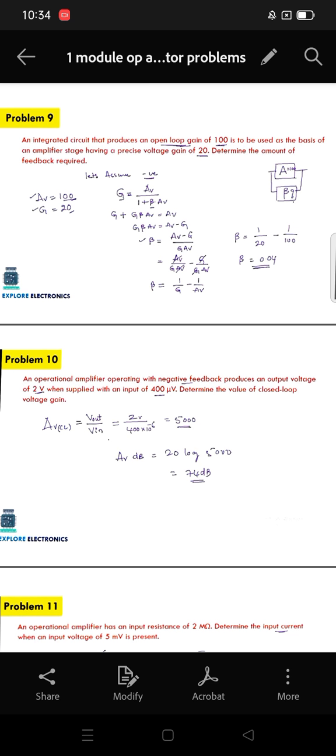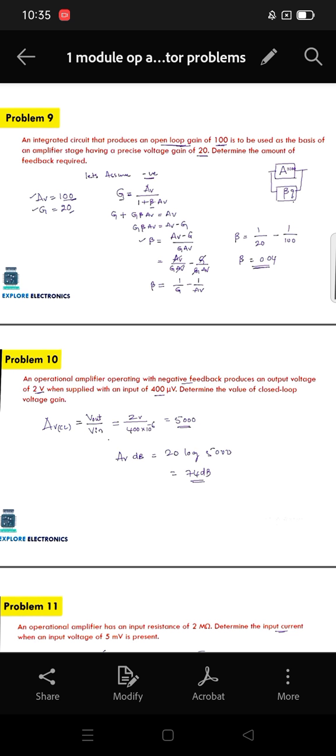Now from this equation, simplify and find the beta value. That is G plus G beta AV equals AV. Now G beta AV equals AV minus G. Then beta equals (AV minus G) divided by (G into AV). Now AV gets cancelled, and what we will get at last? 1 by G minus 1 by AV.